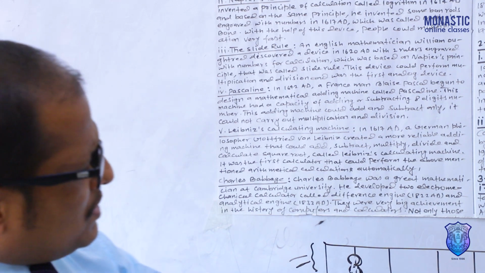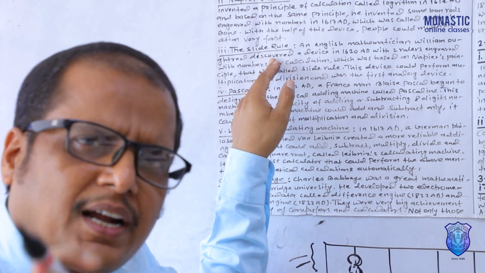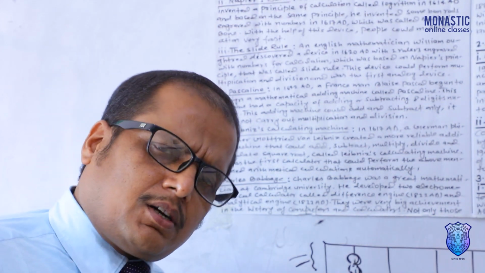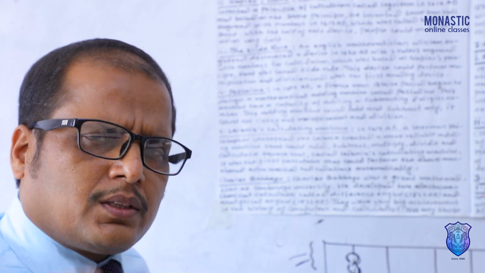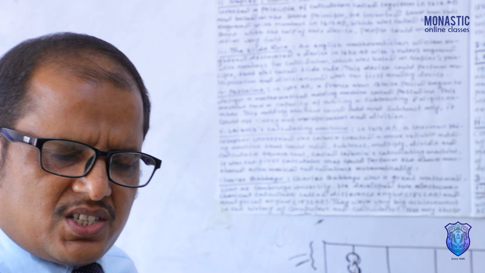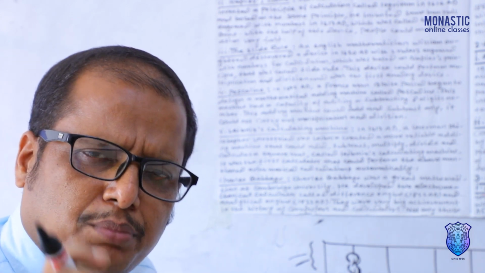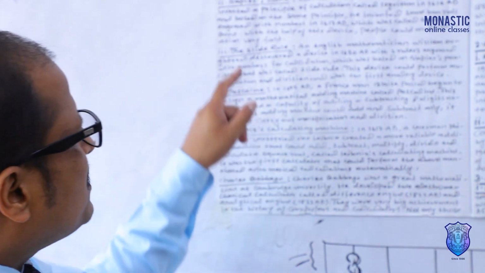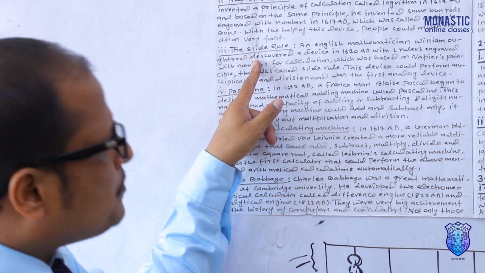The slide rule could perform multiplication and division, and was the first analog device. What is an analog device? I will discuss it later in detail, but just know that a device based on an analog mechanism measures continuous types of physical and natural values. And the slide rule is the first analog device.